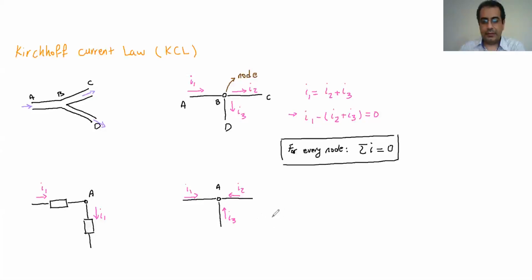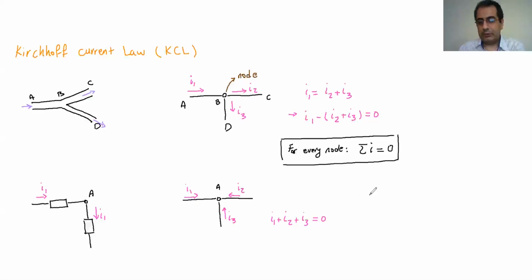So you are going to say I1 plus I2 plus I3 should be 0. When you do the analysis, one of them, or two of them, would come out negative. So don't worry about that. Just remember, if you consider all of them entering, just add them all. If you consider all of them leaving, the same thing.